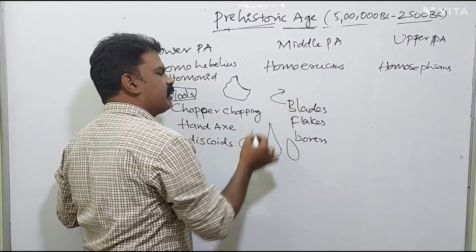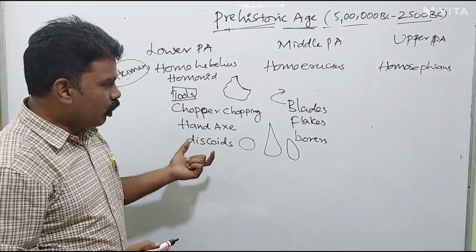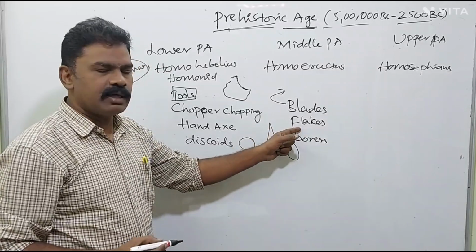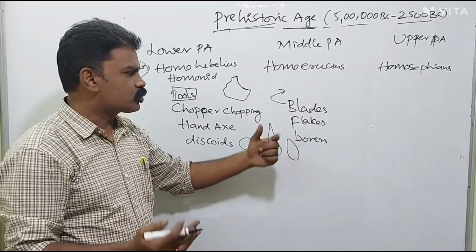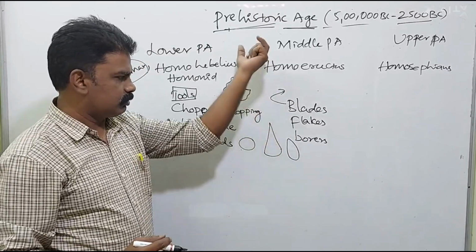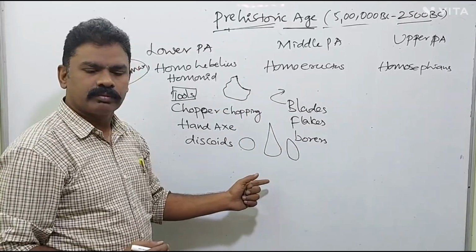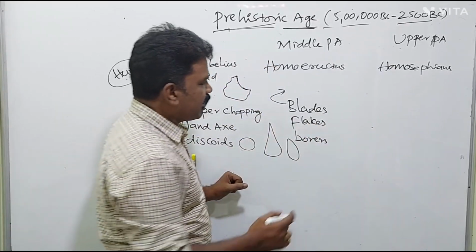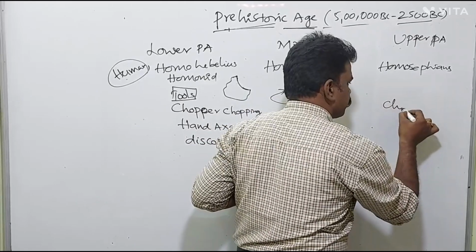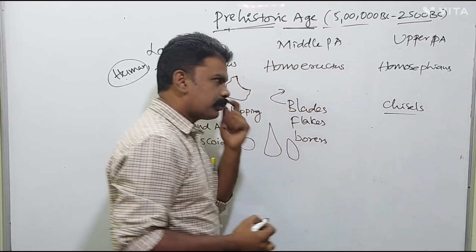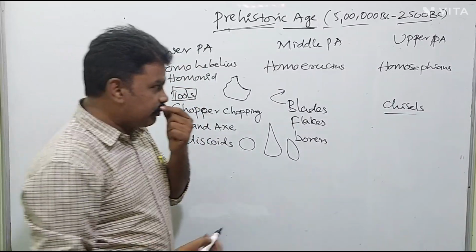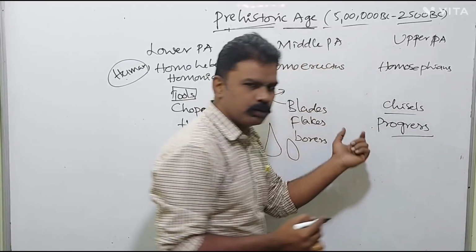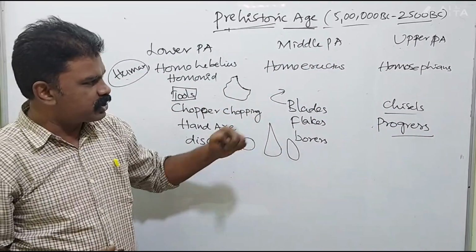Blades are tools which have both sides sharp-edged. Flakes are pieces of stone. This is a borer. In the last years of this period, they also used blades and scissors. Here, progress in tool use has been found.